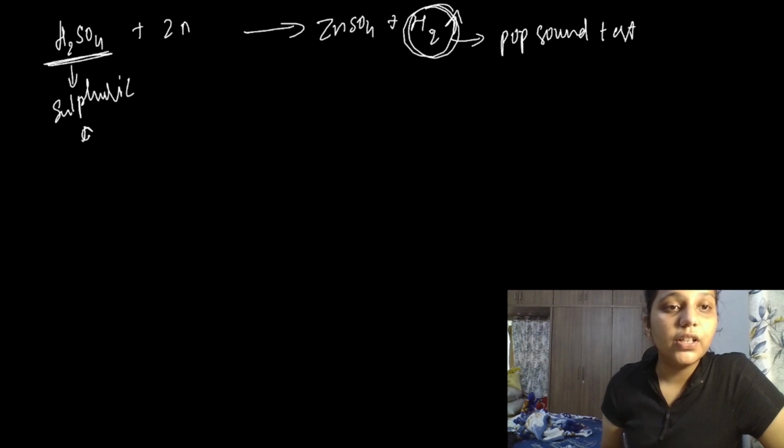Sulfuric acid. You may say, ma'am, with so many reactions how can we remember? Just note down all the reactions at once and practice them three to four times. It will be very easy. Fine. There is another example which is given, that is CuSO4, copper sulfate. When I add iron nails to it, there is one activity which is also given.